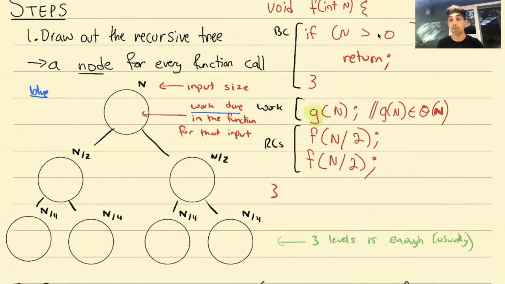What I mean by that is this first node is doing n work, because the g function now takes theta of n time. So that means the first time we call the f function, the g of n takes n time. And applying the same logic, we can say that we will always execute work proportional to the input size. So we can fill in all of these nodes as follows.